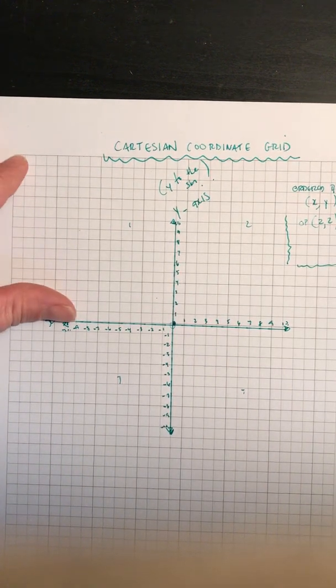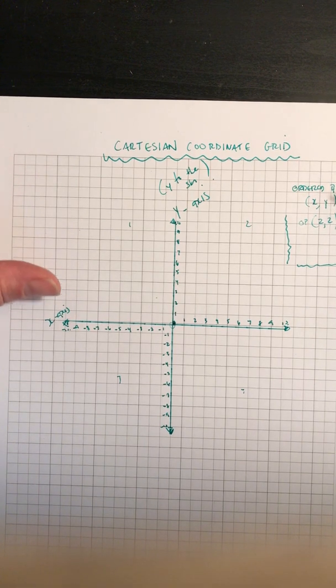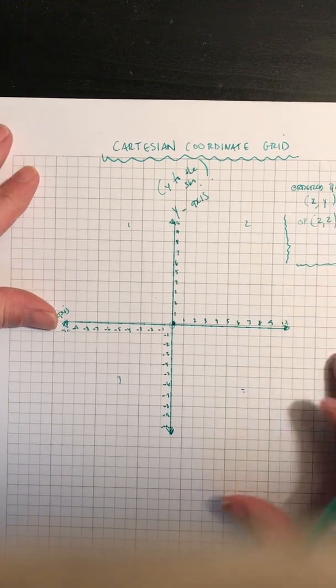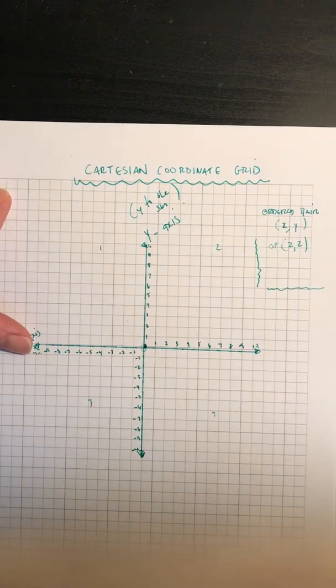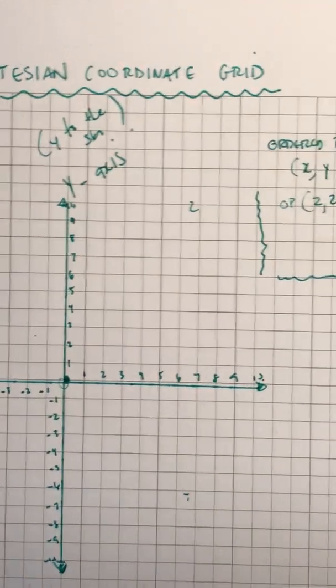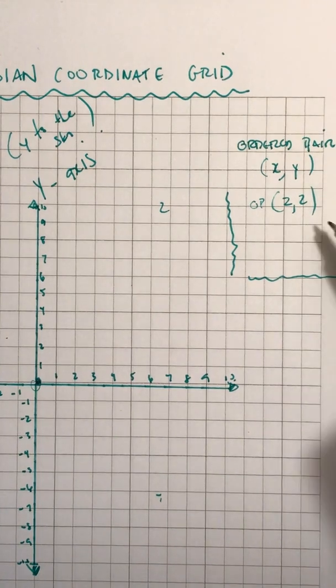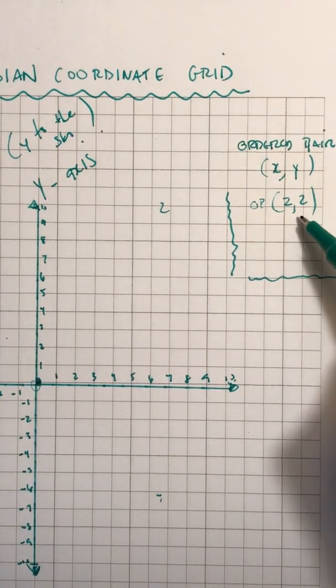When we read an ordered pair, we've got the x value first, followed by the y value. Let me just zoom in on this one quadrant. Now I've got a numerical value for it. So x is going to be 2, and then y is going to be 2.